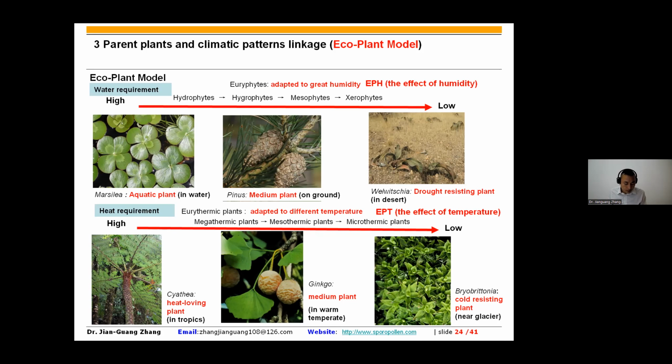The sporomorph eco-group model, also called the SEG model by Abbink, is also commonly used for Mesozoic paleoenvironmental reconstructions of Europe and some parts of China. It represents a simplified ecoplant model.